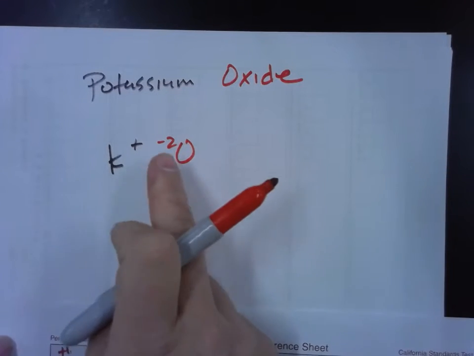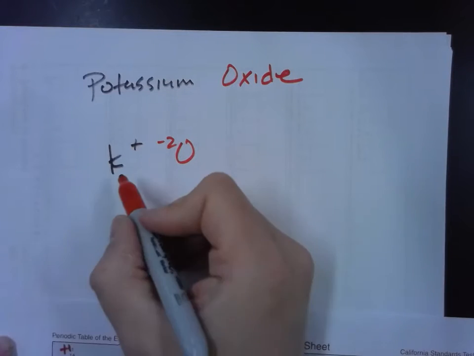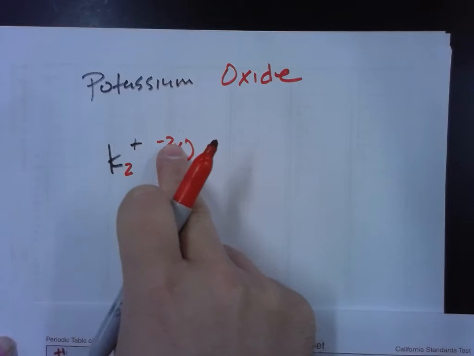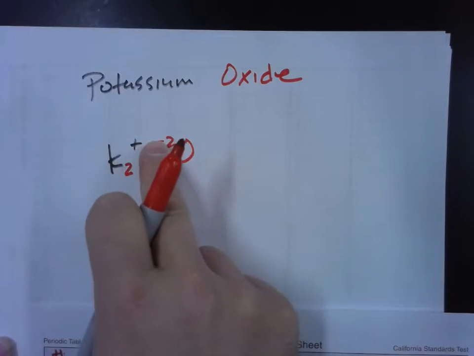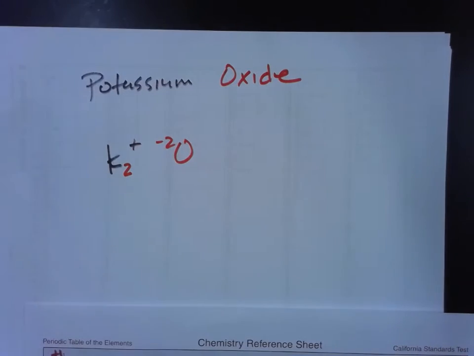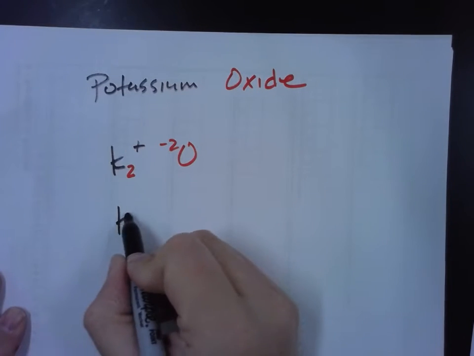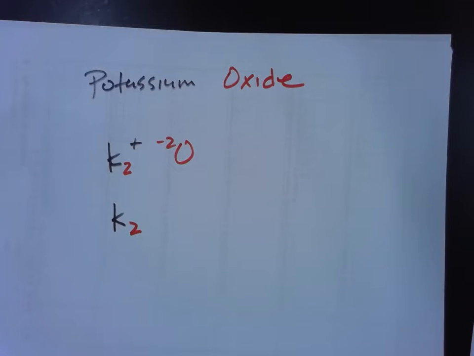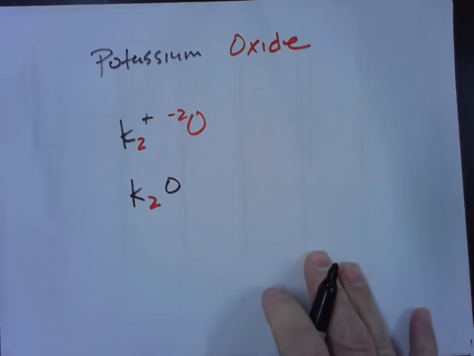We need to cancel out that -2, so the way we do that is we add 2 of these potassiums. That now becomes +2, cancels out the -2. So our formula looks like this: K2O, that's potassium oxide.